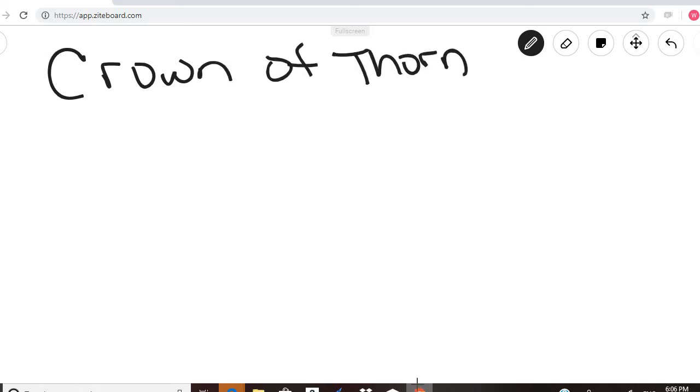Another one that is kind of interesting is something called a crown of thorns sea star. Remember that when we learned about sea stars, we learned that they push their stomach out of their mouth and then they eat. These can eat a lot of coral.